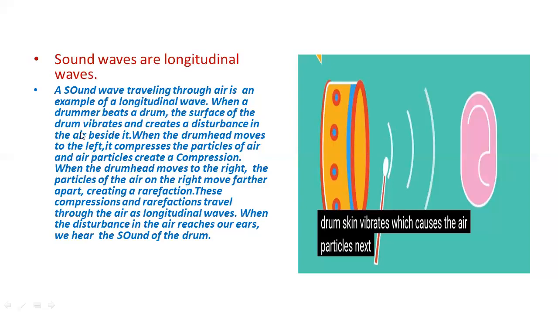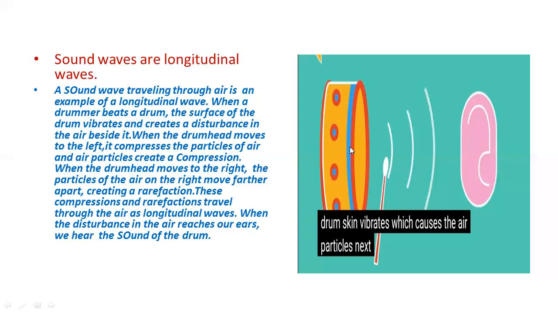When the drum head moves to the left, it compresses the particles of air, and the air particles create a compression. When the membrane moves outward, it will push the air back.